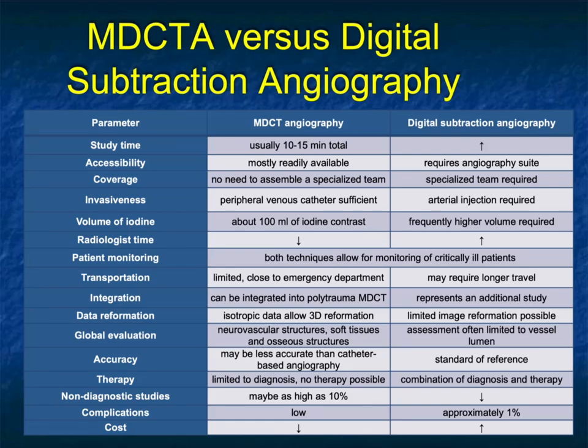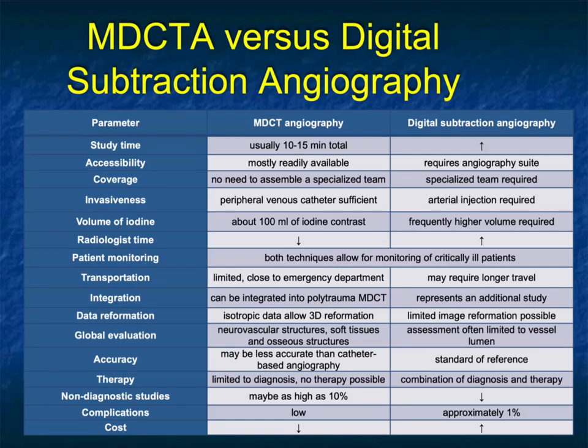It's limited transportation. You're in the ER. It can be integrated into whole body imaging. Isotropic data allows really good 3D imaging or CT angiography. We look at muscle and bone and vessels all at the same time. Accuracy is very high, but again, digital subtraction is classically the standard of care.